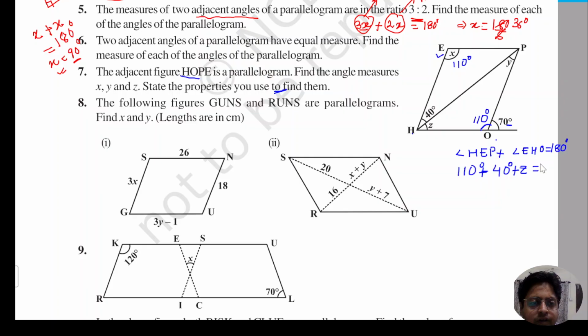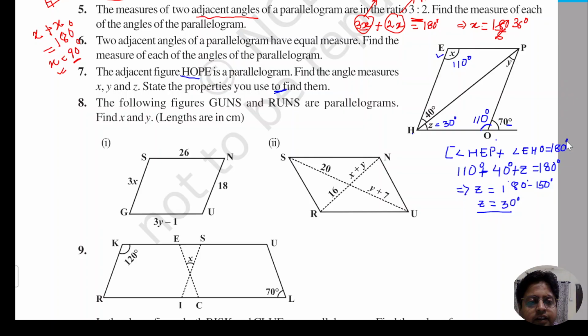So Z will be equal to 180 degree minus 150 degree, that is 30 degree. So value of Z is 30 degree. Which property we used? We used the property that sum of adjacent angles is 180 degree, or adjacent angle of parallelogram are supplementary.